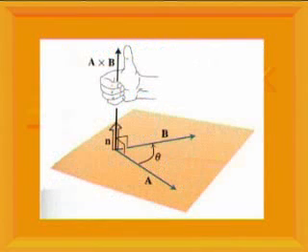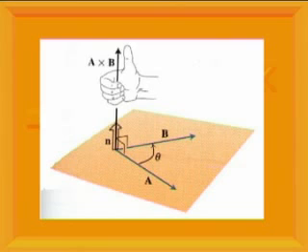You can see on the screen that if we multiply A by B, so if we go from A to B in the anti-clockwise direction, then our direction will be perpendicular to the plane containing the vectors A and B, in the direction where our thumb points.